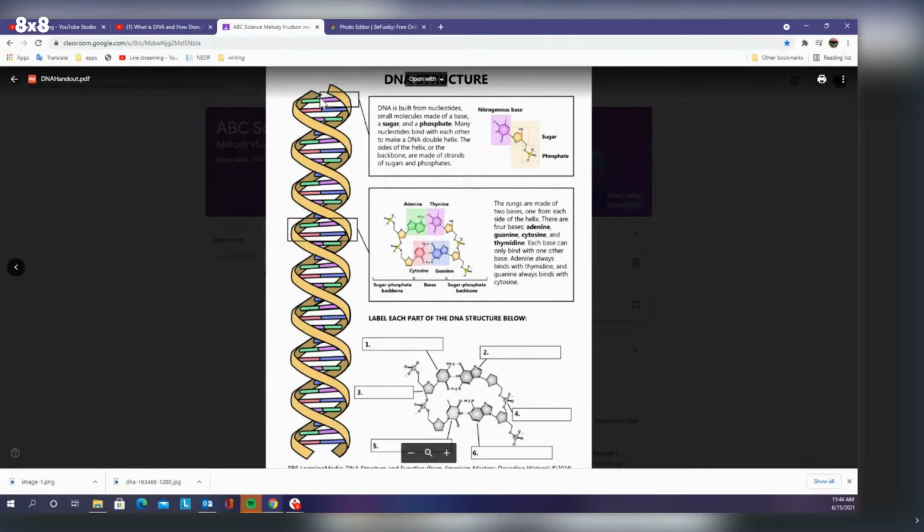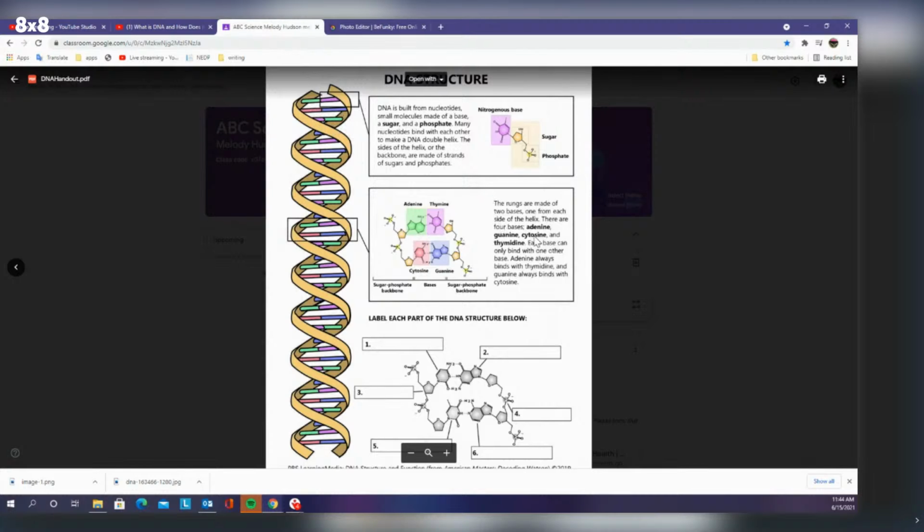Now the inside, remember that I said to you that they're only going to bind with one other always. So where you have adenine in green, it's only going to bind with thymine. Thymine. So AT, or it can be TA. Notice the colors are backwards, but they're not going to bind with the others.